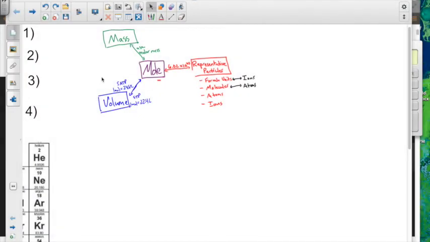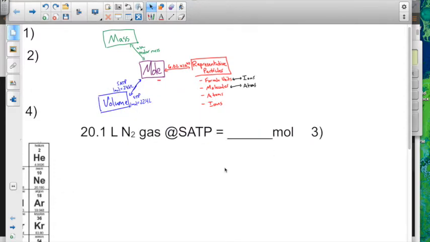All right, now let's take a look at a conversion where we're going from volume to moles, okay? So this is a different one that we have not seen too often. Now, with volumes, we have these 2 constants that we want to use.